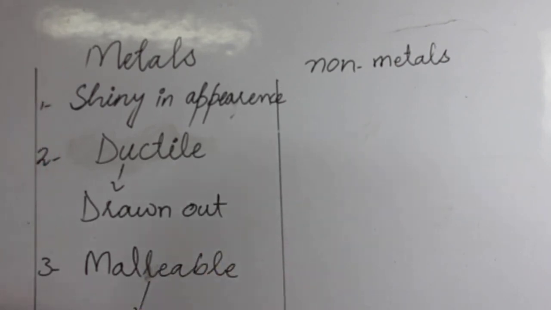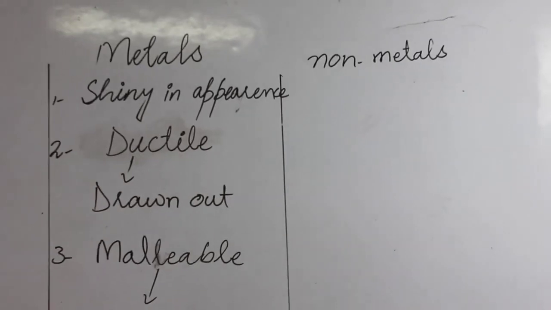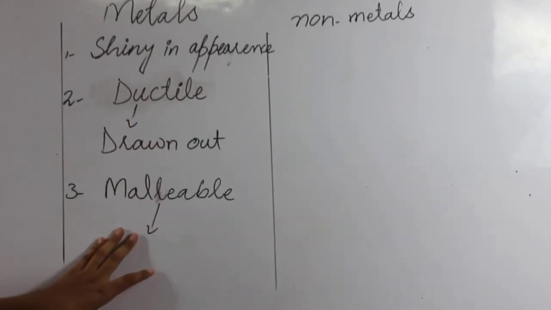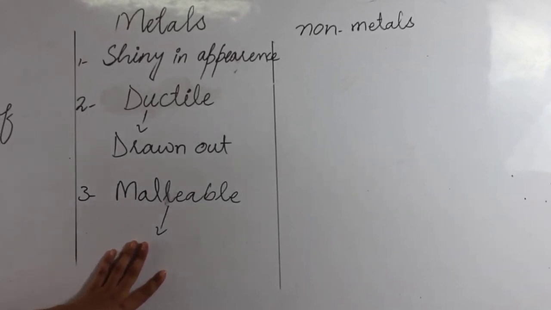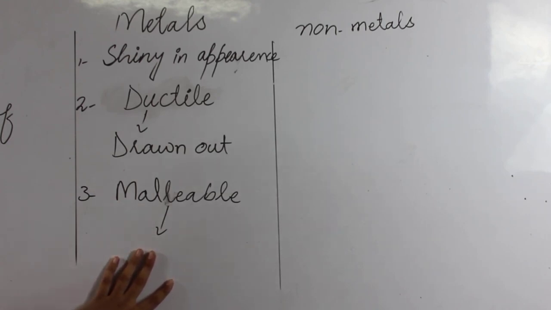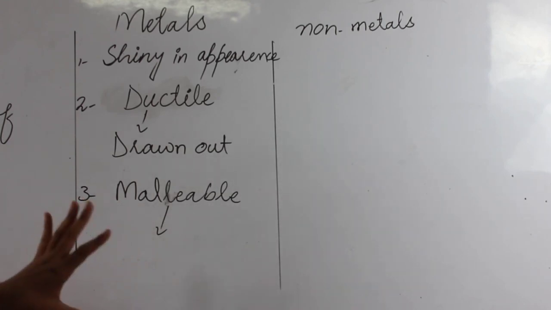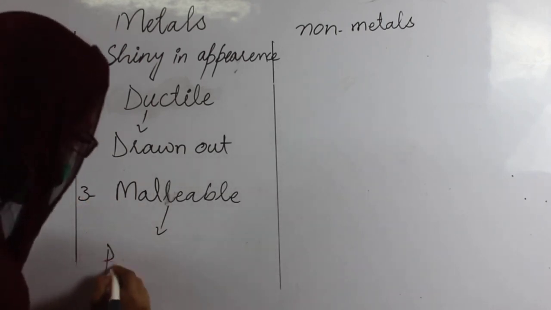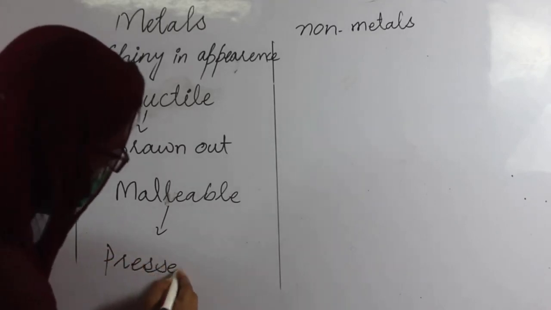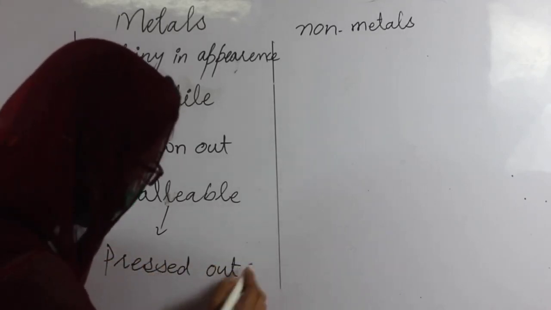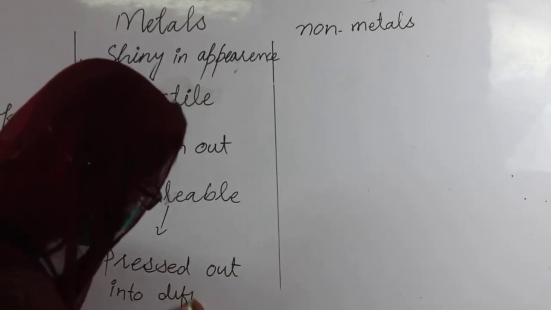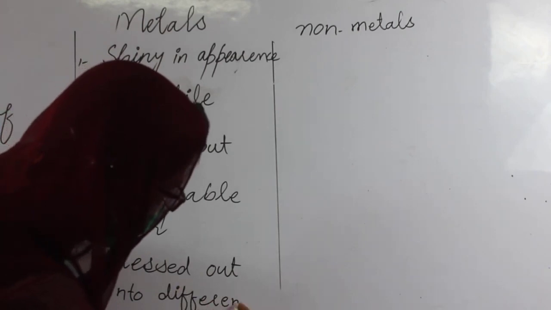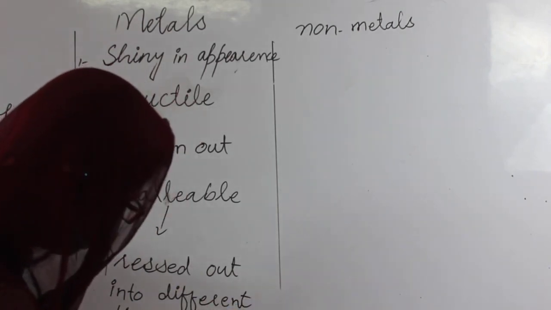Now, what is malleable? Malleable materials can be pressed down into different things without breaking. For example, gold is used in jewelry, and it is pressed out into different things.